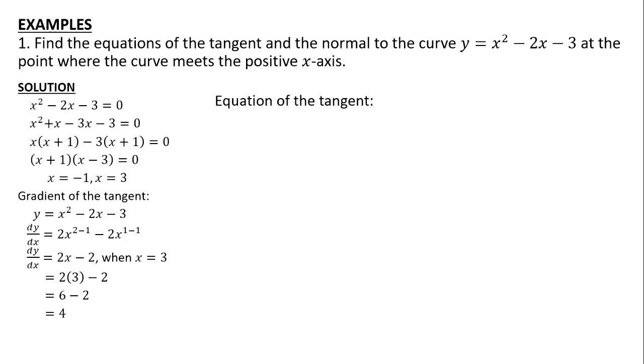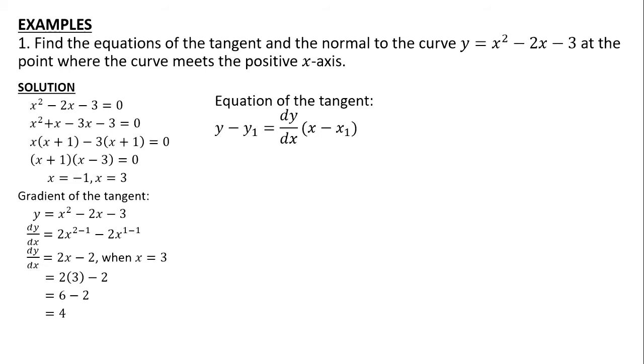So the equation of the tangent is given by y minus y1 equal to dy dx, open your bracket, x minus x1. Where there's dy dx, we are going to substitute a 4.